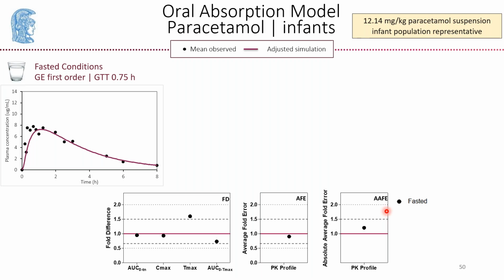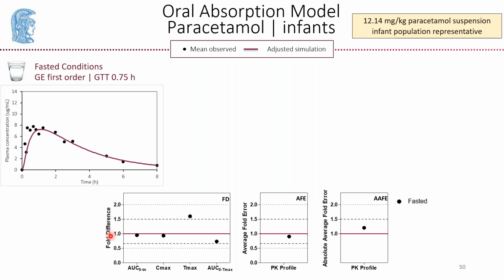Following the same routine as for the first data set, here the observed data is presented with the black circles, and again our simulation is presented with the bold line. We can see that the fasted conditions were well in line with the observations.